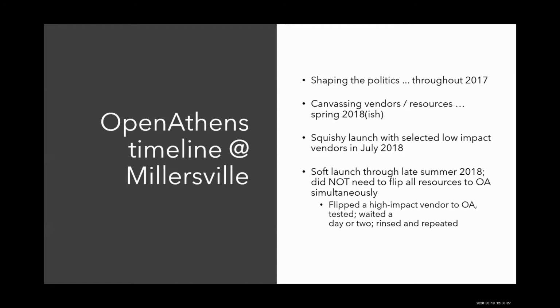And the one thing that's notable is that we informed our university community of absolutely none of these changes. We made no announcements, no statements, nothing saying anything was changing, and had absolutely no complaints.